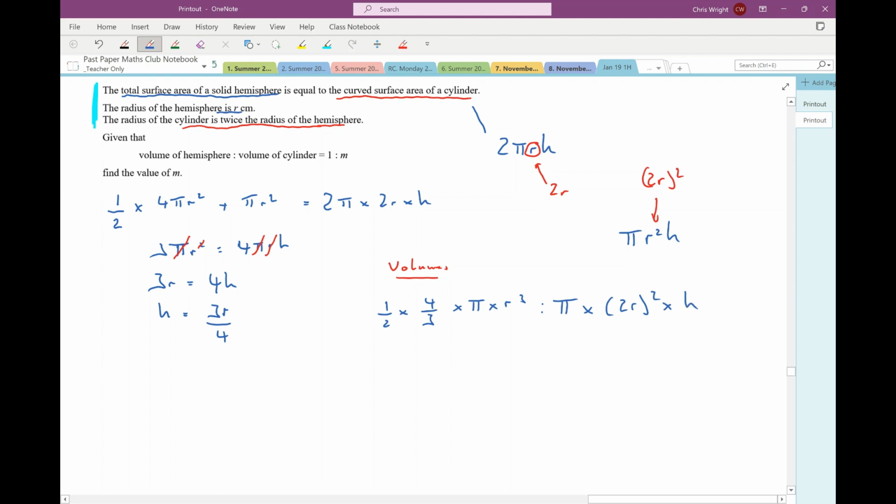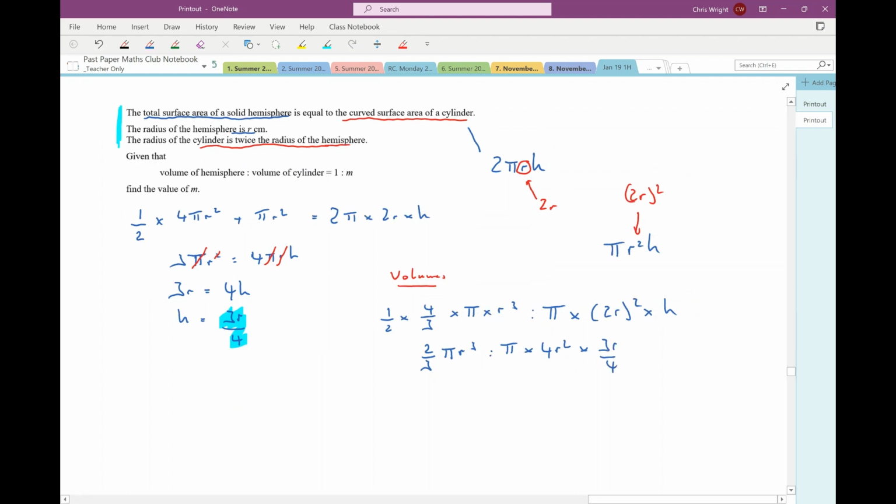Now, what are we going to have on the left here? Well, a half of 4/3 pi r cubed is 2/3 pi r cubed. And here I'm going to have pi times 4r squared, 2r times 2r is 4r squared, times h, and h is equal to 3r over 4.